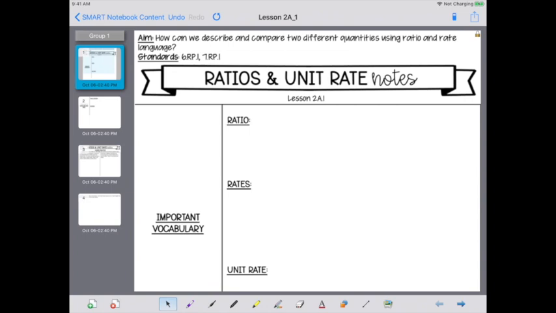So the first word we're going to deal with is ratio. This is a comparison between two numbers by using division.